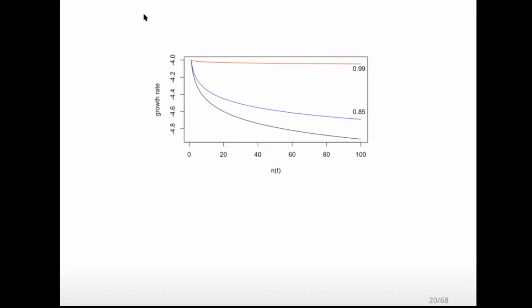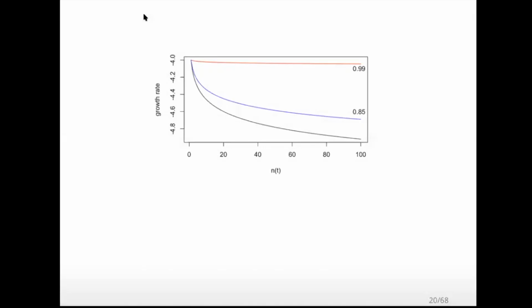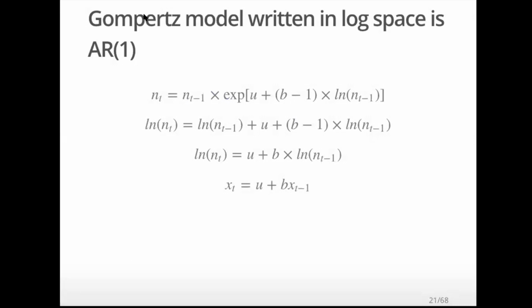So why is Gompertz popular as a base model? Two things. One is that when we take the log of this, we get this nice linear equation. And that surely is a big part of the motivation in using this.